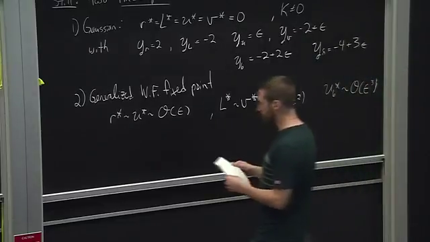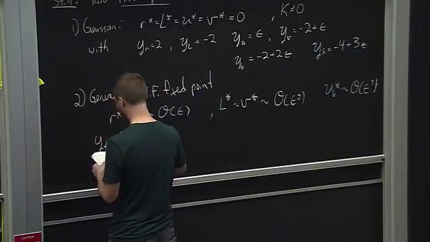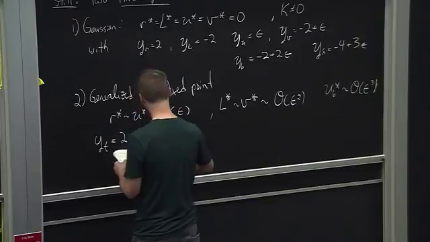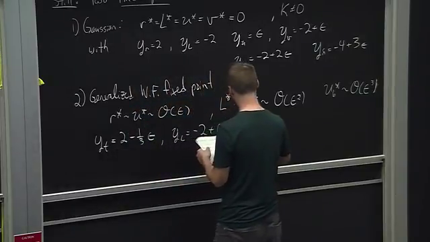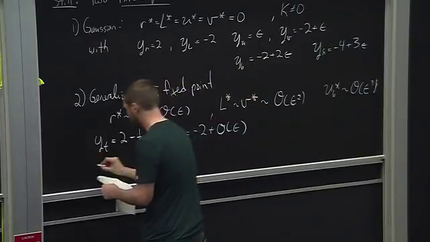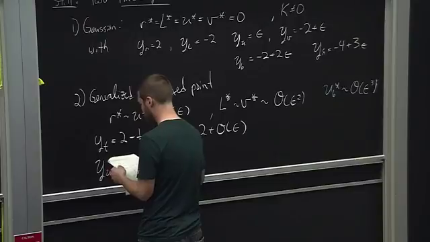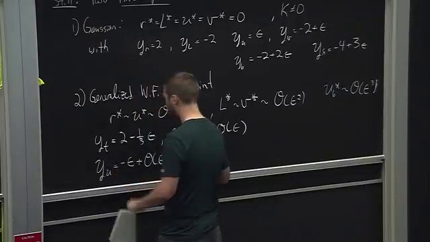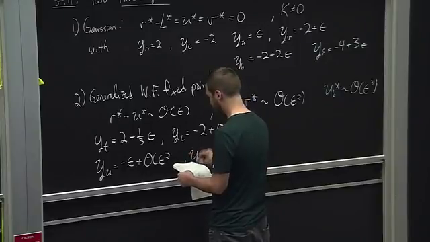And the scaling dimensions are the eigenvalues, with order epsilon corrections. Is that what we found before? Yeah, I think so.